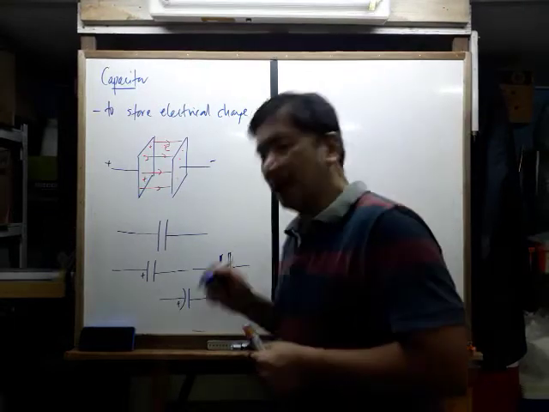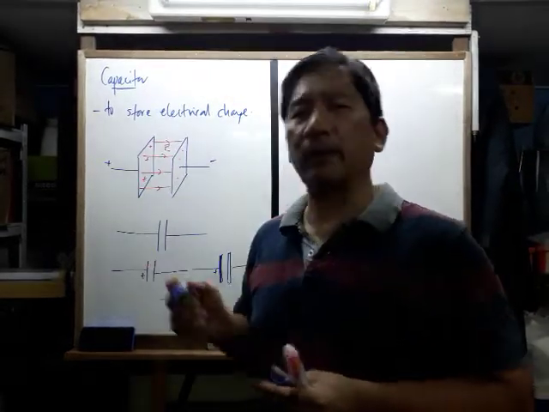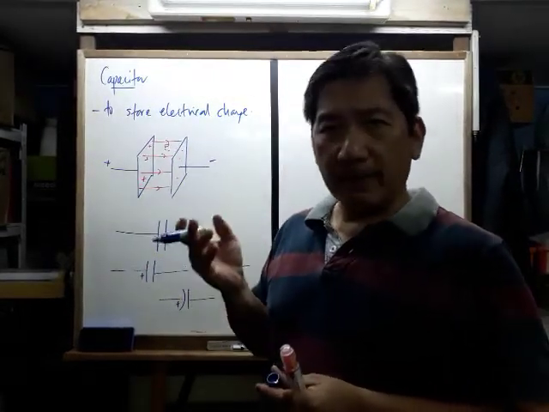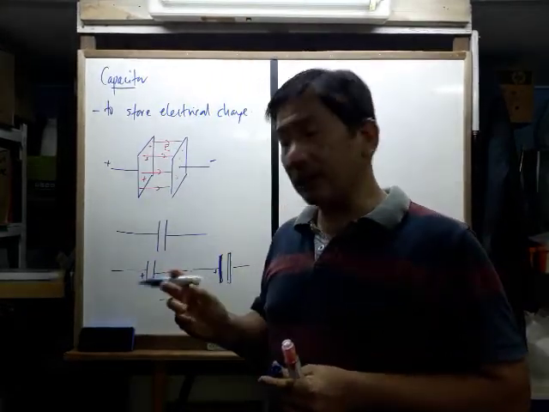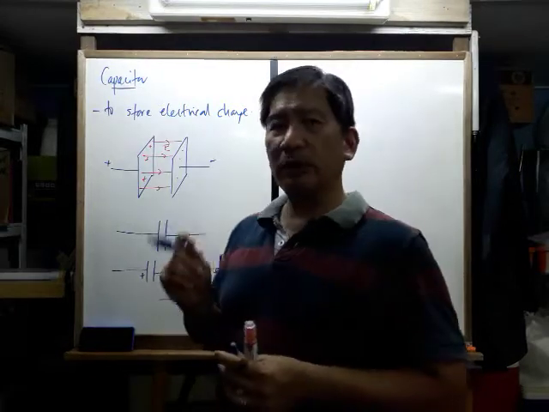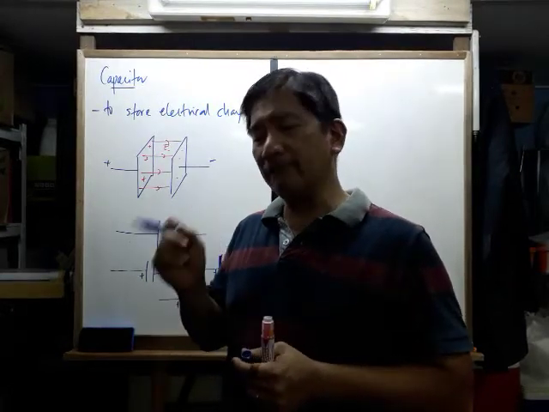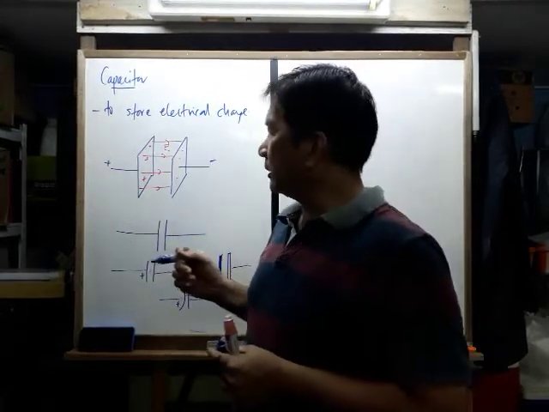Some capacitors don't have polarity, like the ceramic type of capacitor. Those operate at high frequency, so normally they don't have polarity. But for the type of capacitor we're looking at, we have to emphasize the polarity. Why is polarity important?